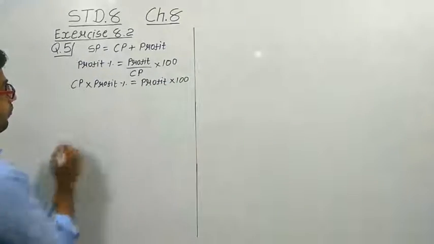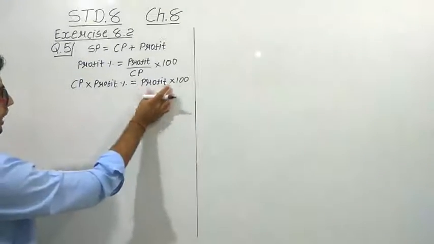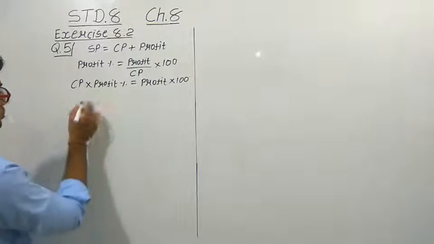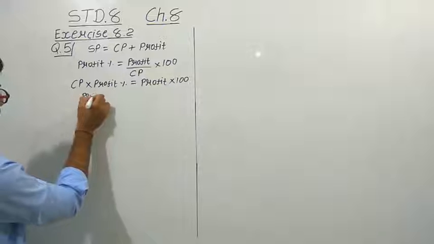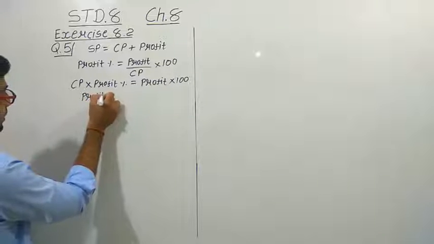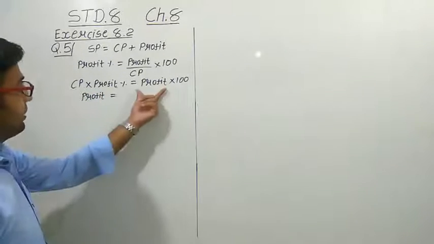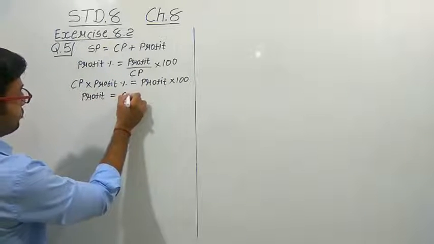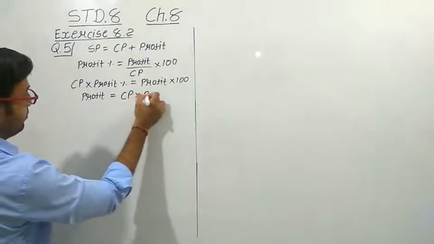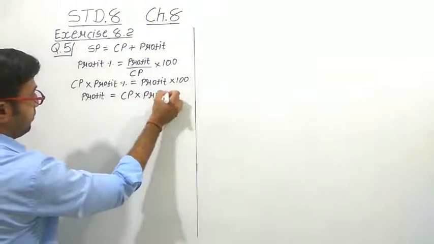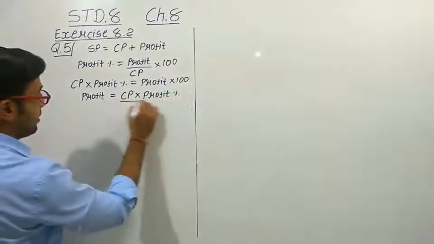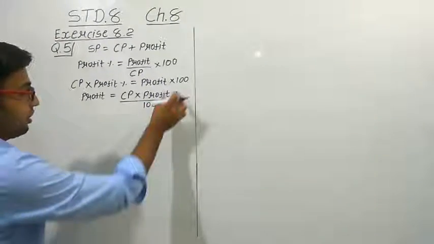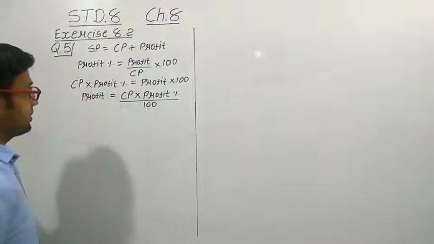So when we make the profit the subject, this 100 will go in the denominator. So we can write down that profit is equal to, when we make the profit the subject, these two things will remain as they are, that is cost price into profit percentage upon 100. Right? Simple thing we are doing, we take this 100 to the left hand side.